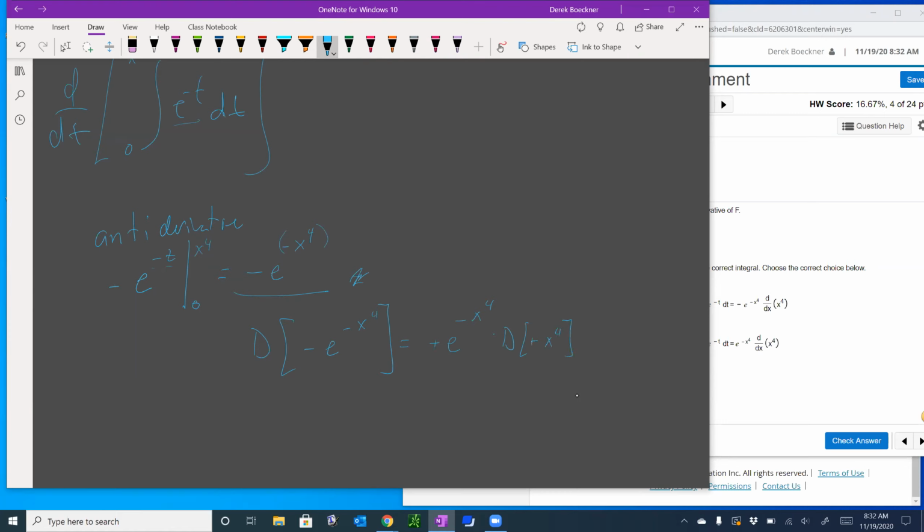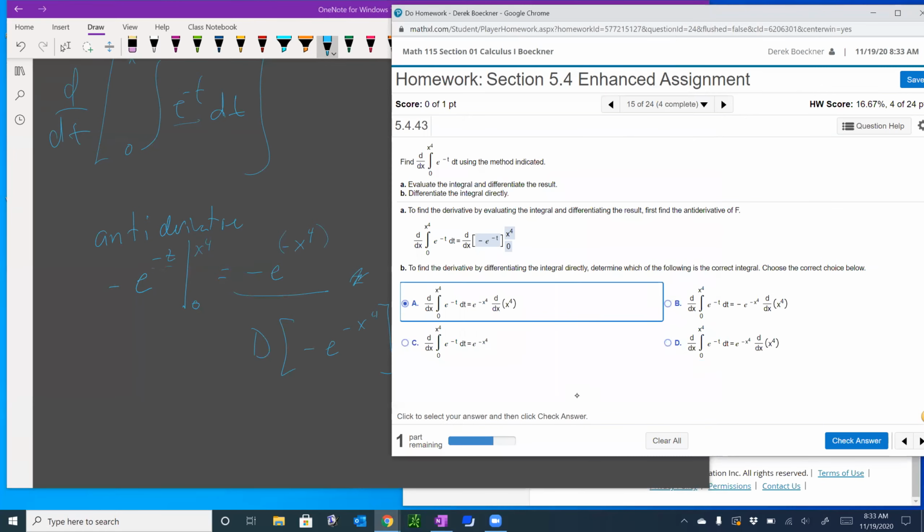So these minus signs are going to cancel. I'm going to end up with a plus sign. I'm going to have an e to the x to the 4th times 4x cubed eventually. So I want it to end up positive, and so I need one of these two guys. Any idea which one I should pick?